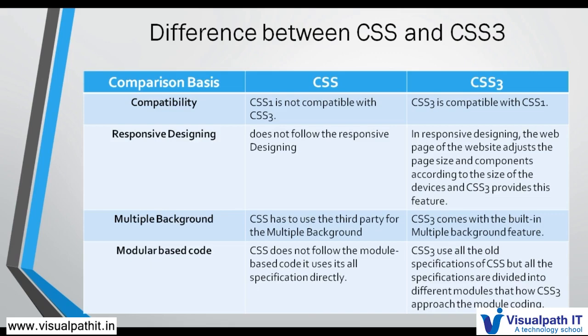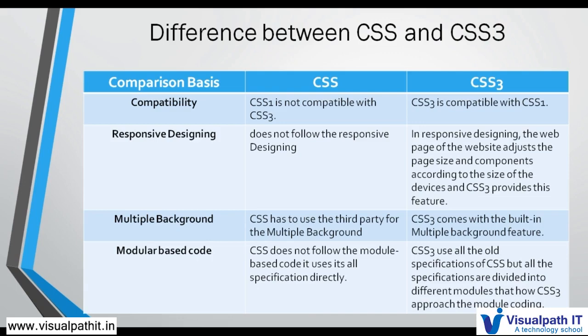Responsive design: CSS does not follow responsive design, but CSS3 does. The web page of the website adjusts the page size and the components according to the size of the device, and CSS3 provides this feature.